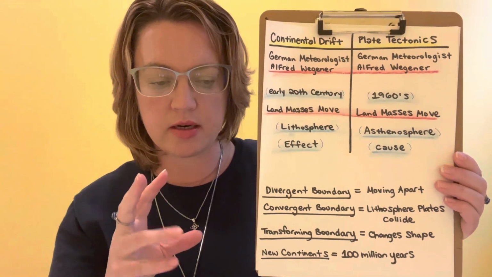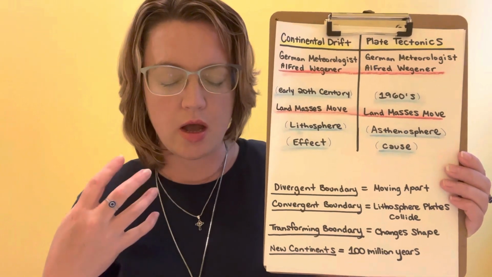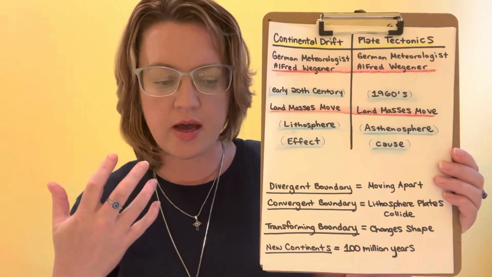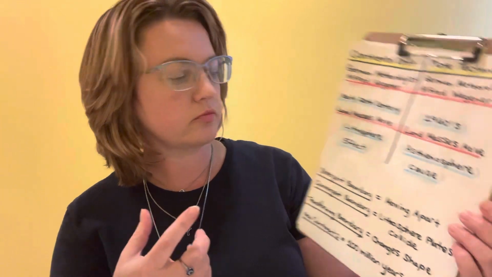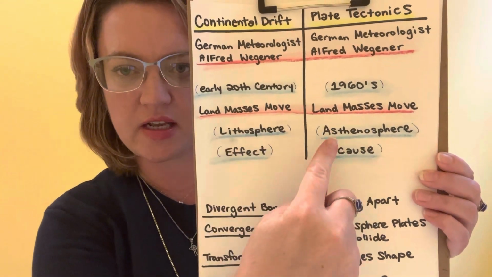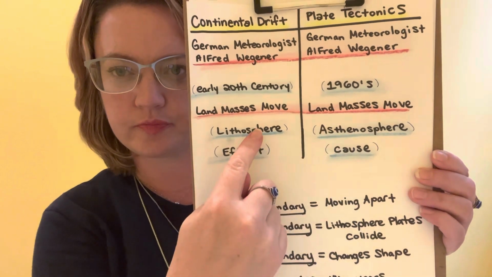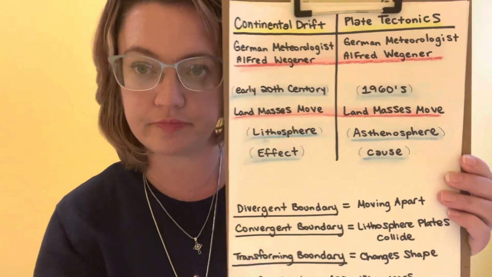And then on top of that, an asthenosphere or something like that, and on top of that, the lithosphere. So the asthenosphere is below the lithosphere and above the Earth's outer core.